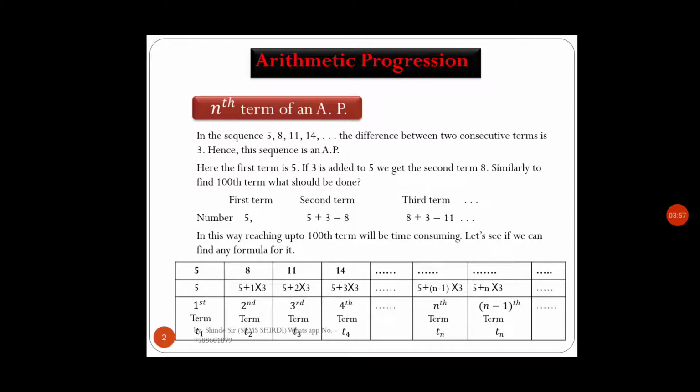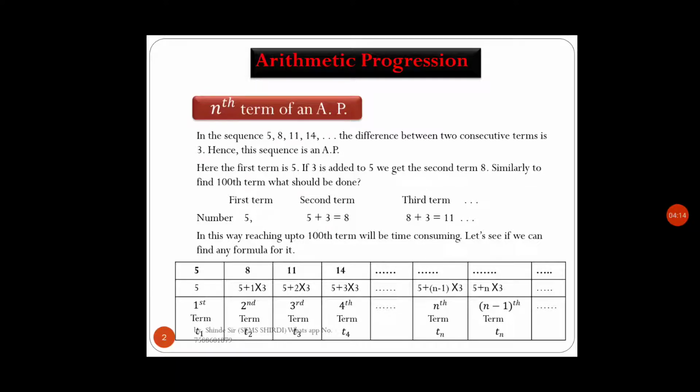Then so on. For the n-th term, we keep our first term as it is plus n minus 1 into the common difference 3. In this way we find the n-th term.